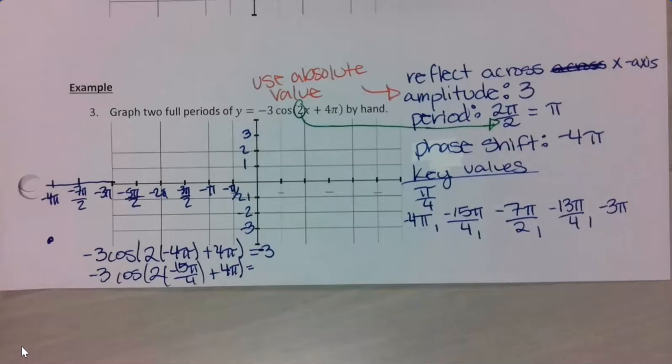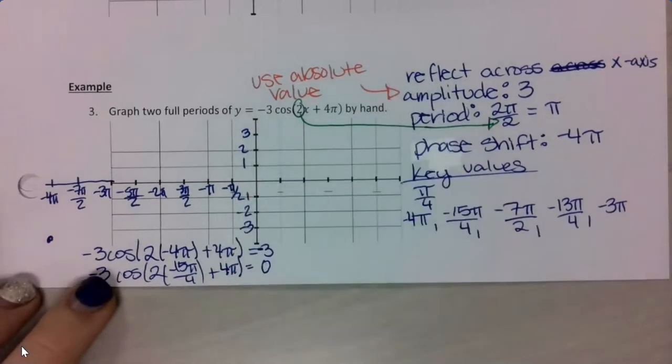Okay, 0. This one is going to be in between the negative 4 pi and the negative 7 pi halves.